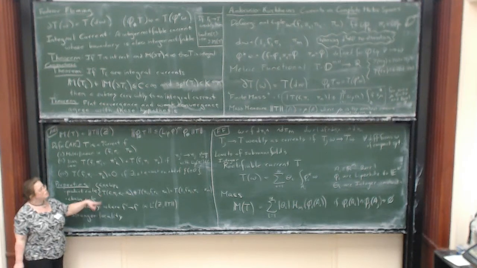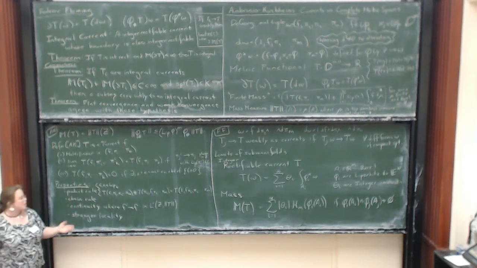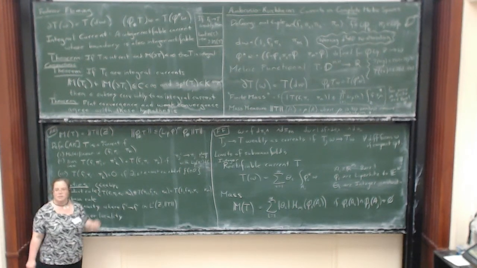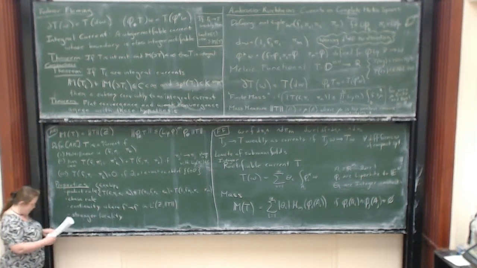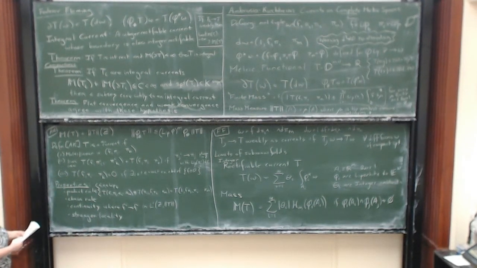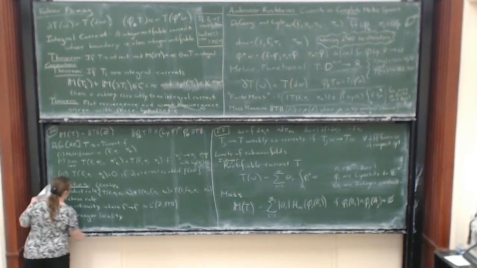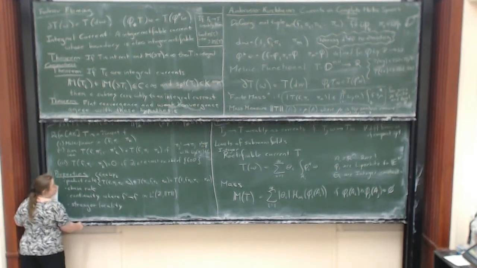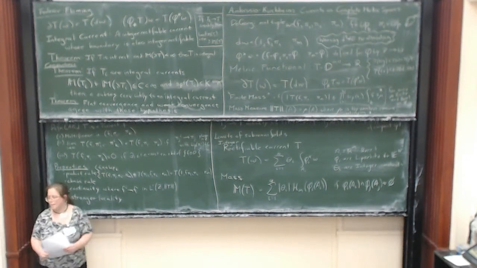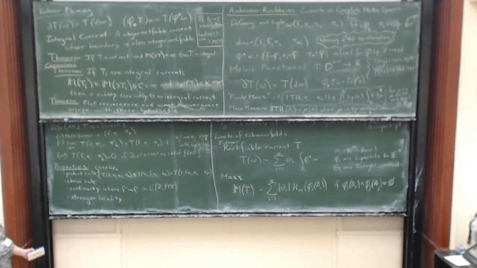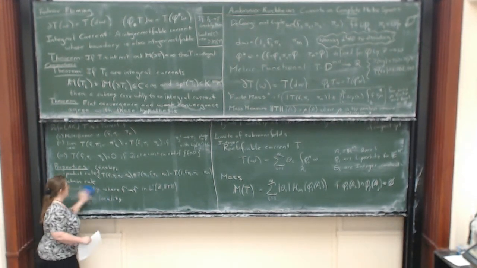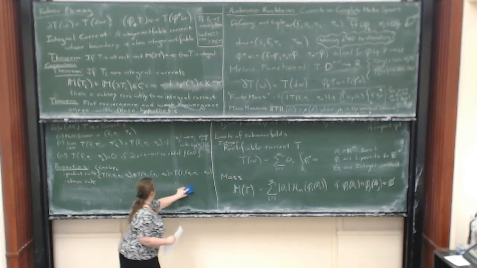So the tuples are not given the properties of differential forms, but the way T's act on them gives them those properties. The chain rule is kind of a messy one, but maybe it is worth writing down just so you get a good feeling for this thing. So there's a continuity and there's a stronger locality. I'm just going to erase these two so I can write the chain rule out. It needs more space.